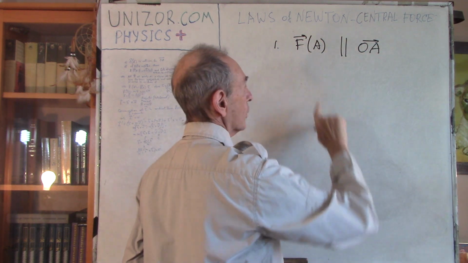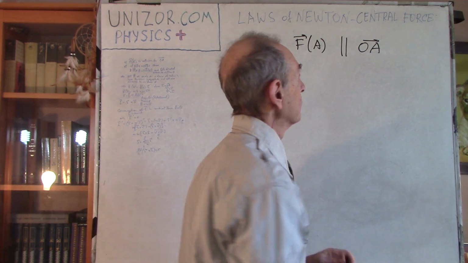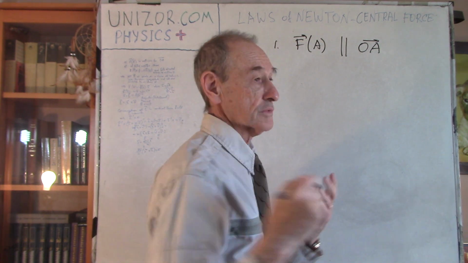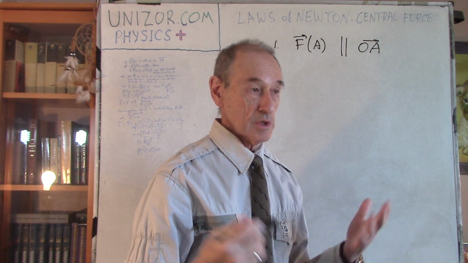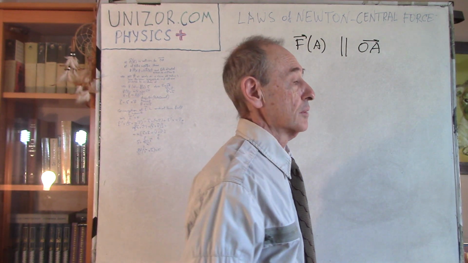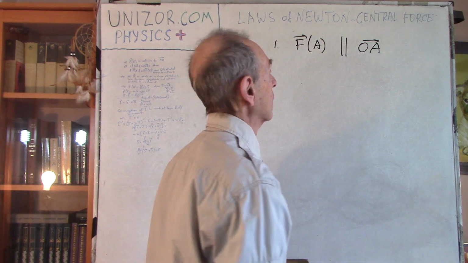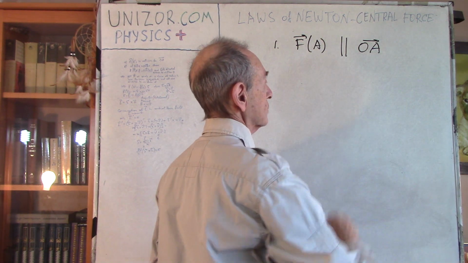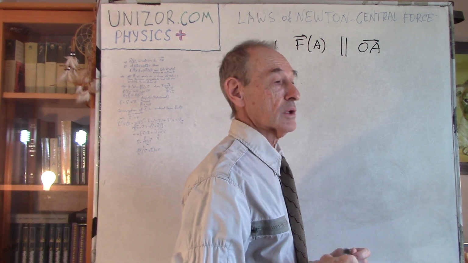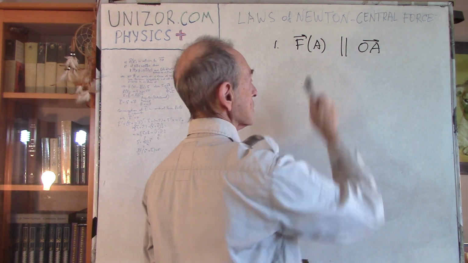A is a point in our three-dimensional world, and OA is a vector from the center of the coordinate system, an inertial coordinate system, as we usually consider, to the point where the force is measured.